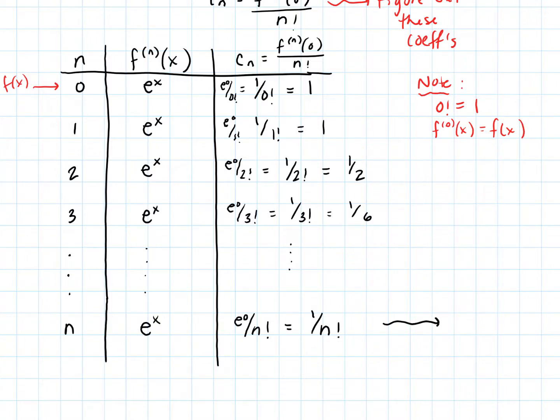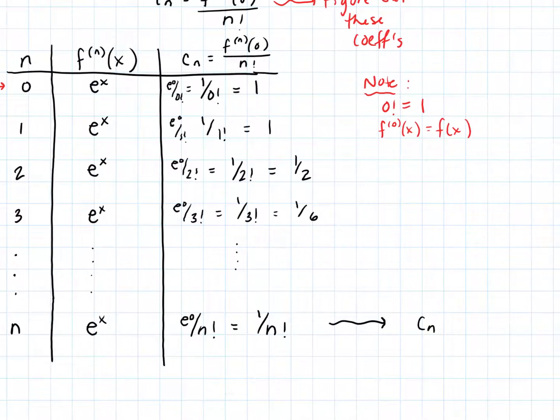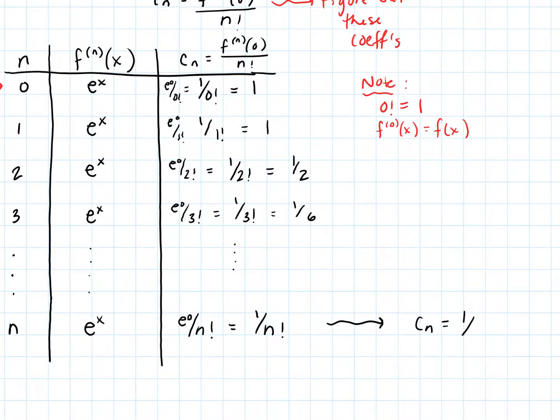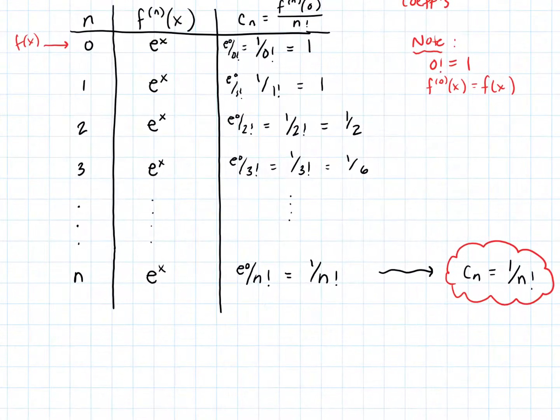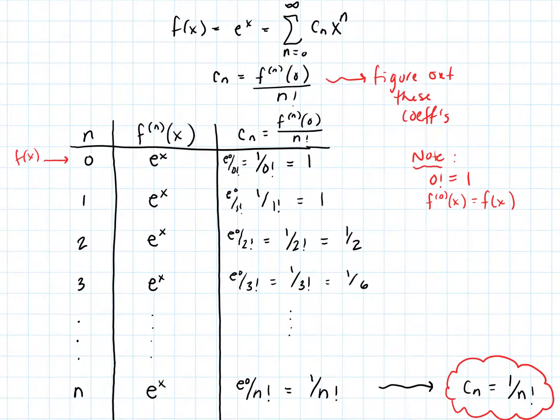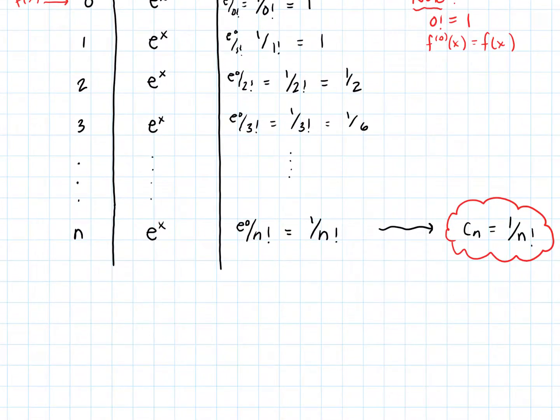And we can see from here now that c sub n, those coefficients, are actually just equal to 1 over n factorial. And that was our goal, to come up with a way to express the nth term. So now that we have the nth term, we can plug that back into the power series expansion, and it turns out that the function f of x, which is equal to e to the x, is equal to the power series from n equals 0 to infinity of 1 over n factorial times x to the n.